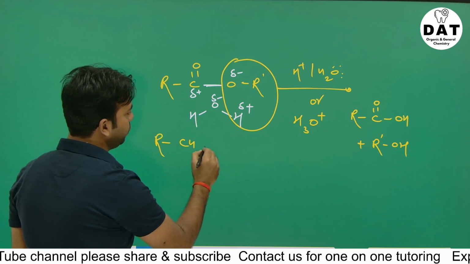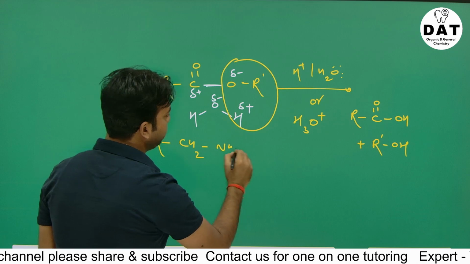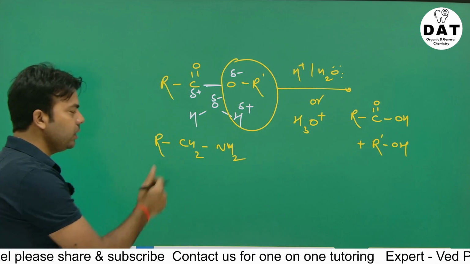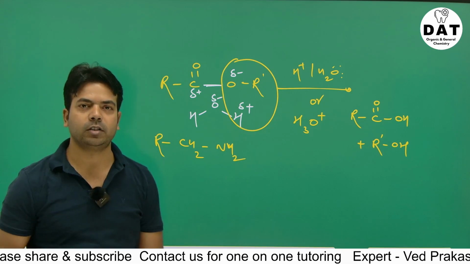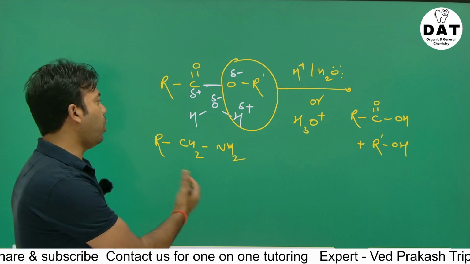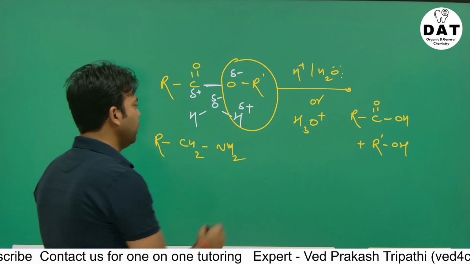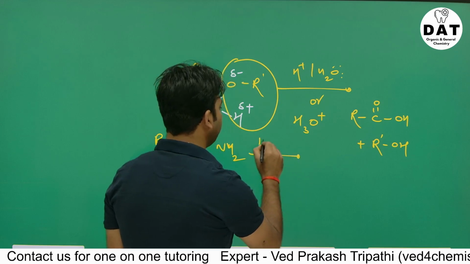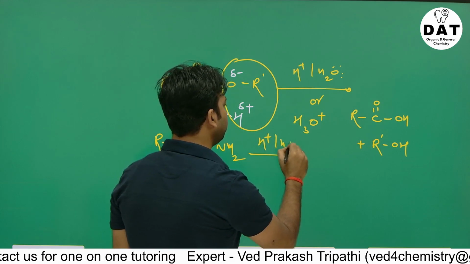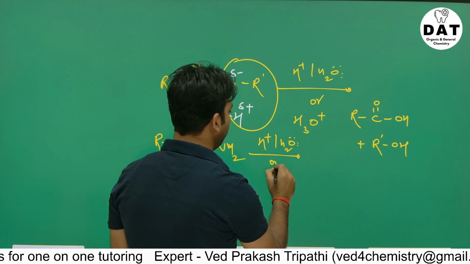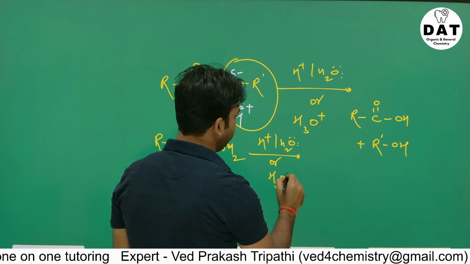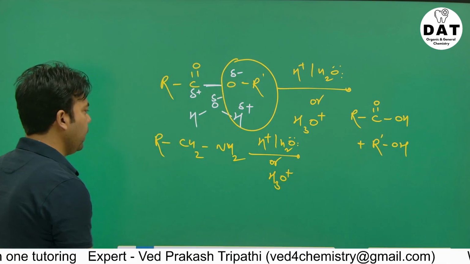RCH2NH2 and we have to do the hydrolysis of this amine. Basically this reaction is part of carboxylic acid derivatives, but it is important in malonic ester synthesis, that's why I am discussing this. So we can use here H plus H2O again, or H3O plus, and we can write here HOH.